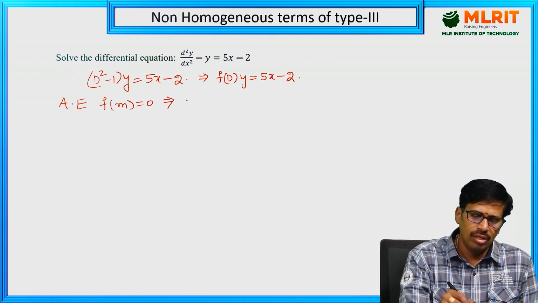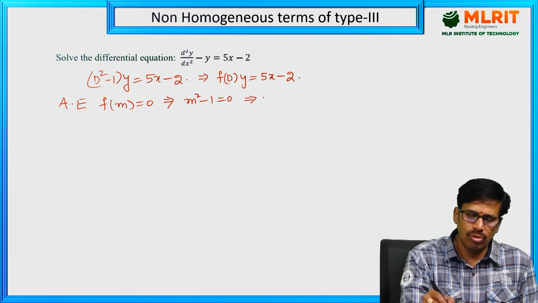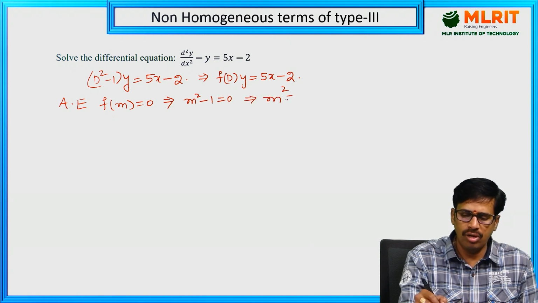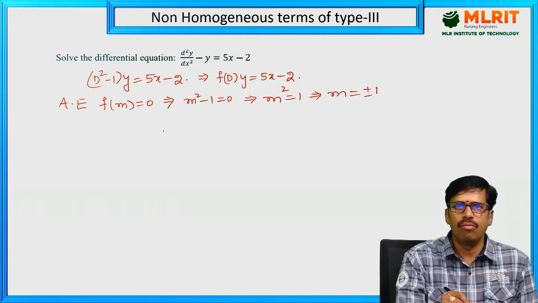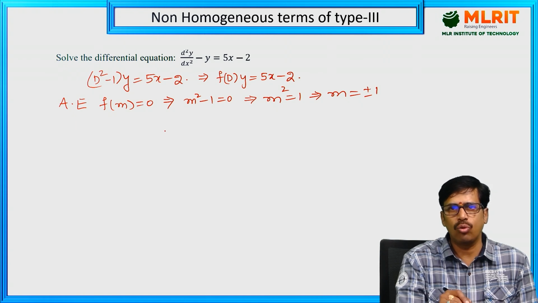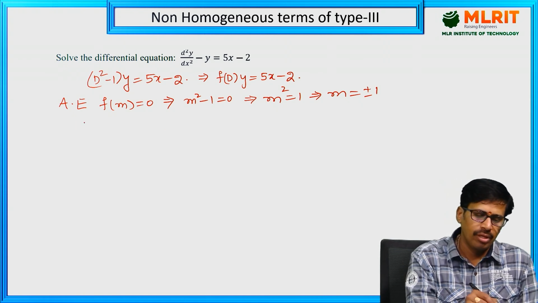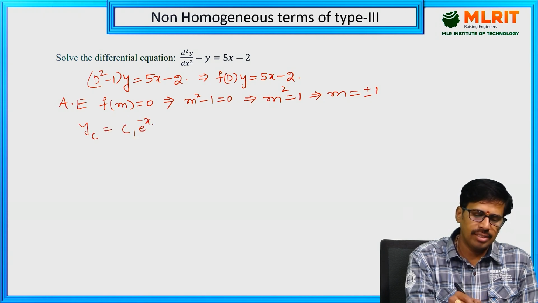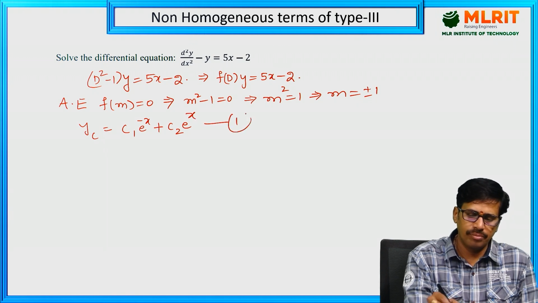So m square minus 1 equal to 0, so m square equal to 1, so m is equal to plus or minus 1. Minus 1 and 1 are the two roots, which are real and distinct, right? So yc we write as c1 e power minus x plus c2 e power x.